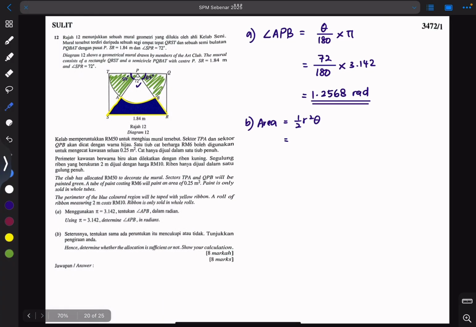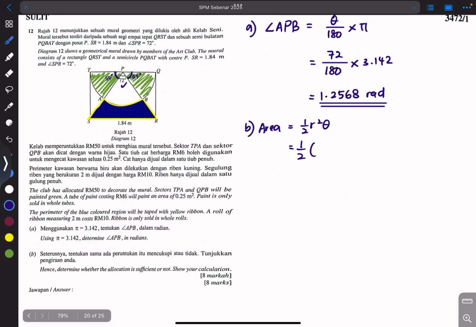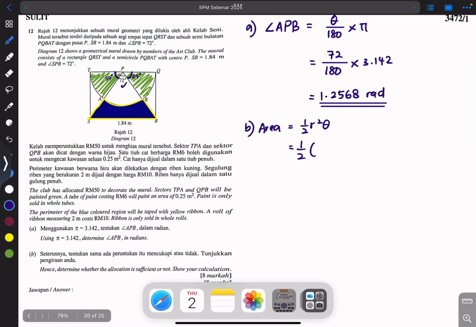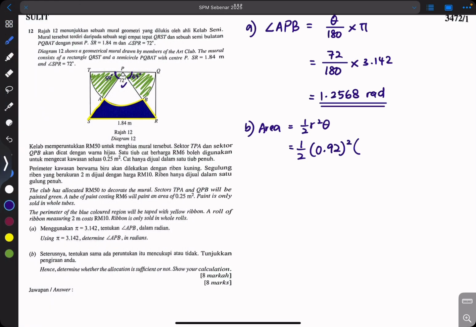Our radius is 0.92 squared times theta. Theta we just take 1. Actually you can take the 108 together, but maybe some students will be confused.